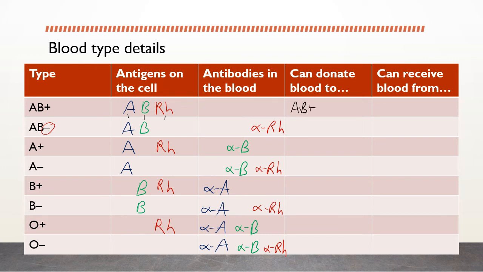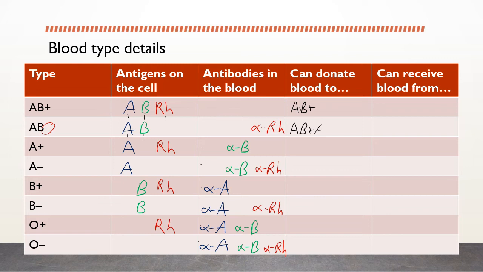See how that works? Patients who are AB negative, we only need to look for A and B antibodies. Well, there are A and B antibodies on every single blood type except the ABs. So we can donate to AB positive or AB negative.